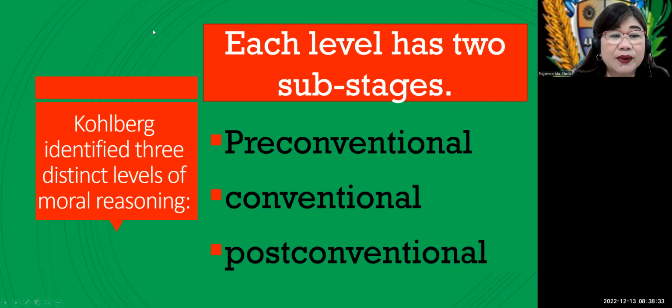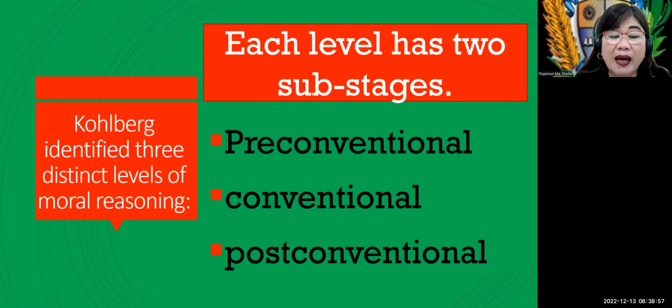So as I have told you a while ago, there are 3 levels of moral reasoning. Each level has 2 substages. First is preconventional, second is conventional, and third is postconventional. Each level has 2 substages.